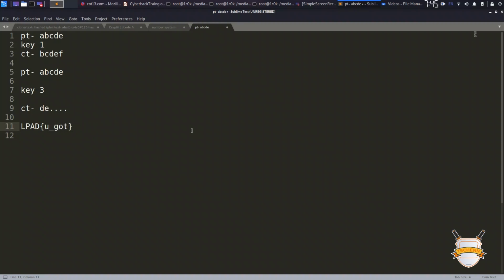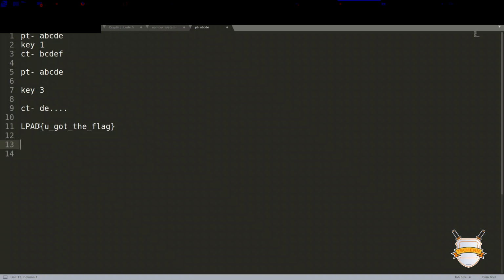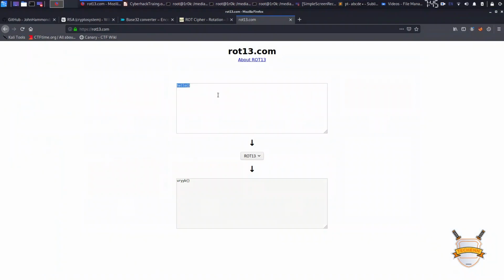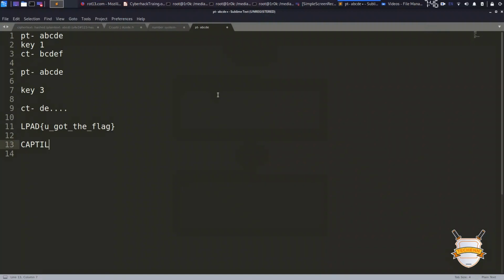You got the flag. The ROT format of LPAD will be something in capitals.